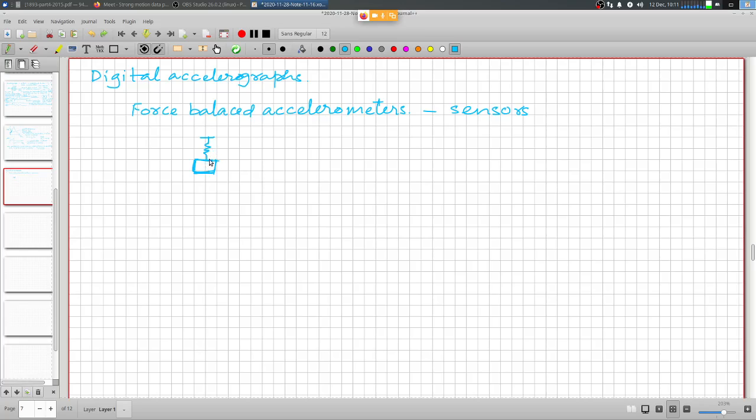So it is a suspension. There is a spring and the mass, and one major difference with respect to analog instruments is that for analog instruments we try to keep the damping in this system, the pendulum, at approximately 70% critical.